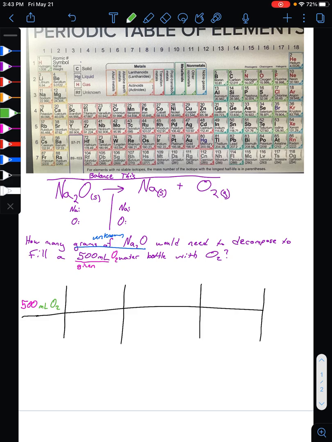Now, that's the only number I'm going to put in until I have all my units figured out. I know it's really tempting to try to solve as you go and fill things in as you go, but more often than not, the problem is you end up getting the numbers right, but they're on the wrong side of the conversion factor. They end up being in a spot where you're going to multiply it instead of when you should have divided it.